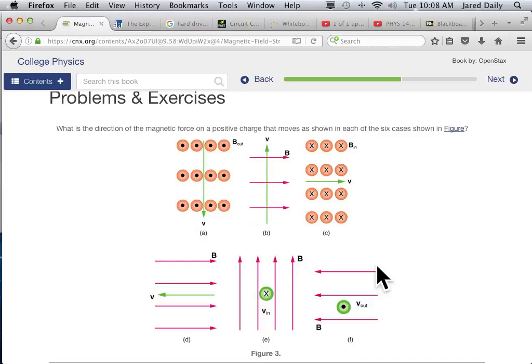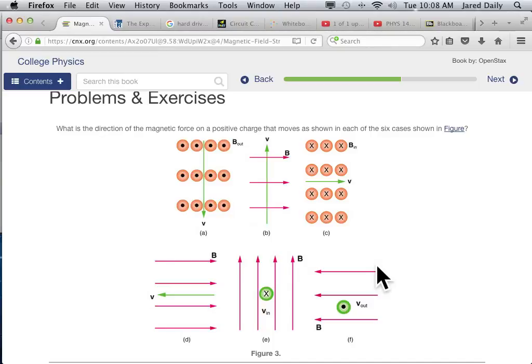Okay, I'll give you another minute or half minute or so to finish up before I collect them. You're trying to find the direction of the force. That's right.